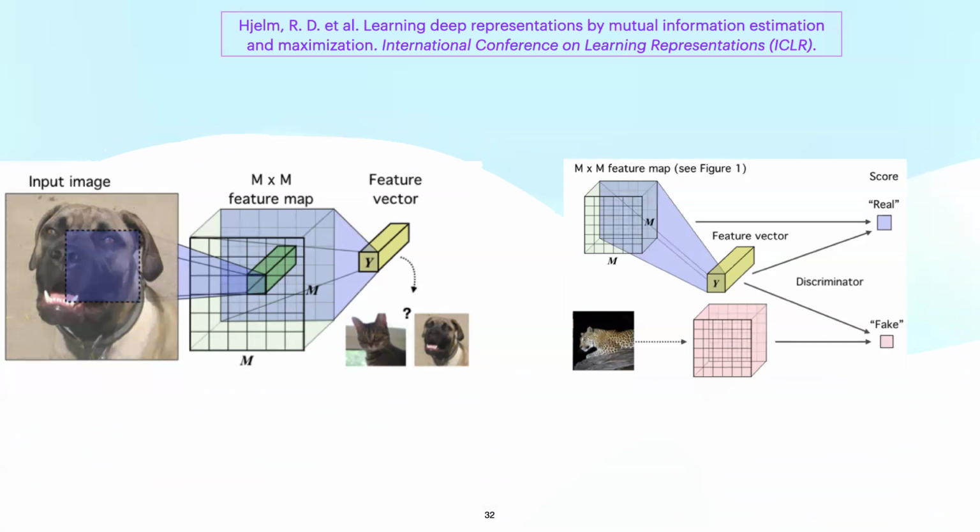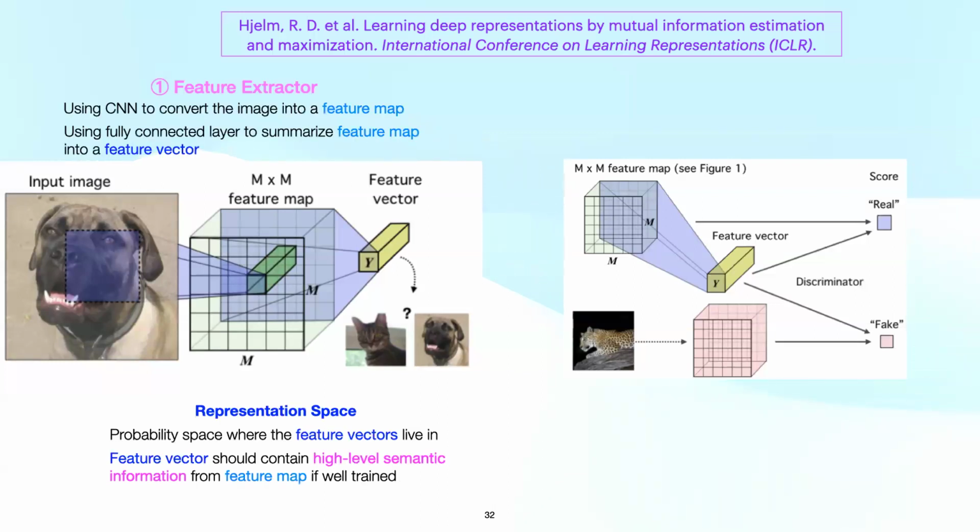The feature map is usually much larger than the feature vector, and the feature vector is the representation we want to learn. So basically, the representation space is going to be the space where the feature vector lives. And if we are doing representation learning, we want our feature vector to encode all the high-level semantic information from the feature map if it is well trained.